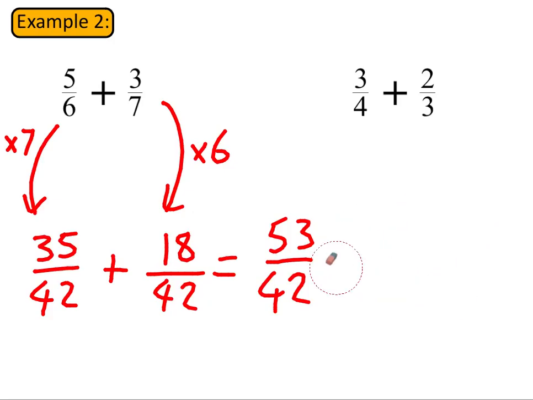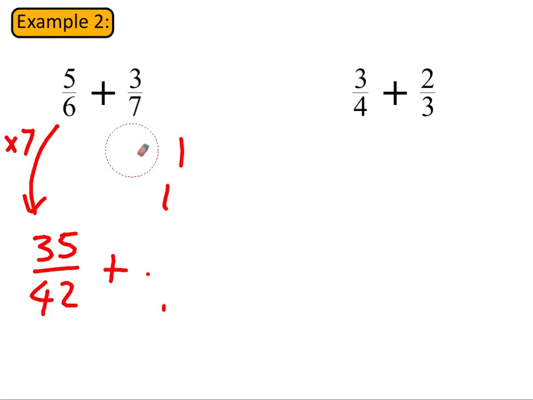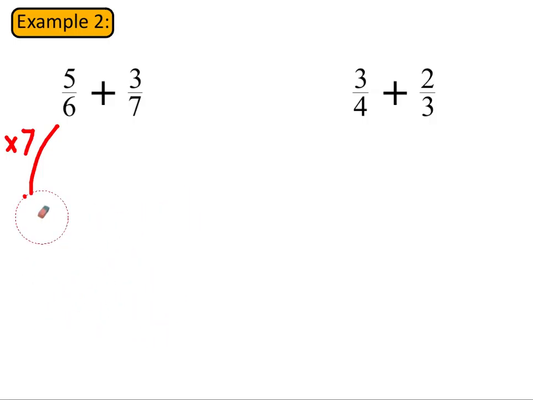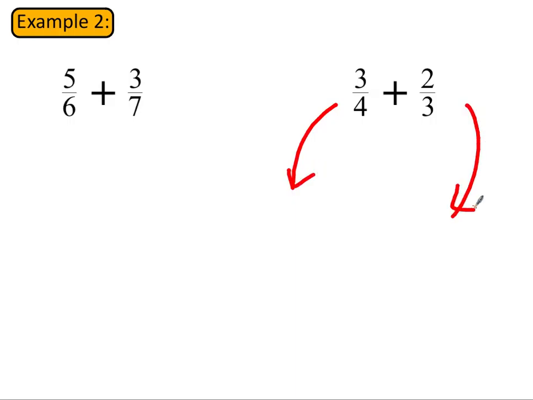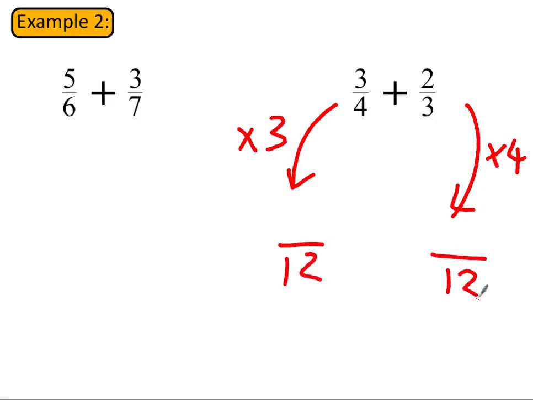If we look at the second example now, and we'll have a quick look at that before we move on, we've got 3 quarters plus 2/3. So I'm sure you know the trick by now. We're going to times this one by 3 and times this one by 4, and that way we can convert both the fractions to have denominators of 12, which will allow us to add them together.